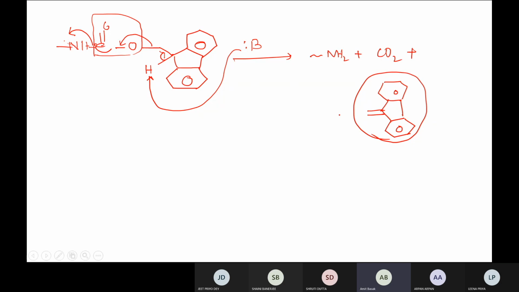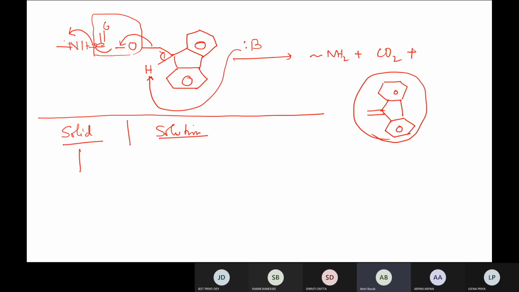Okay. Achha, maybe the more general question, if I ask: if I have solid phase versus solution phase, what is the advantage of solid phase over solution phase?